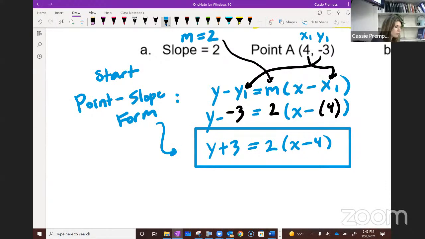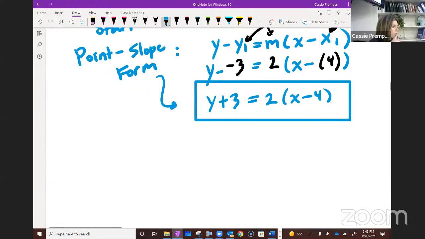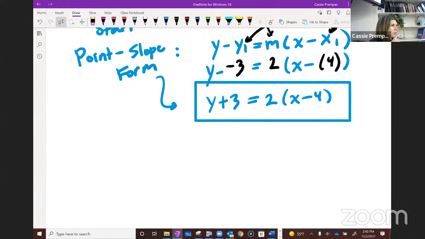Now, how can I go from here to slope intercept form? Which variable is by itself in slope intercept form? Y. So all I need to do is get y alone. I'll distribute the 2, and that would give me 2x minus 8. And so I have y plus 3 is equal to 2x minus 8.